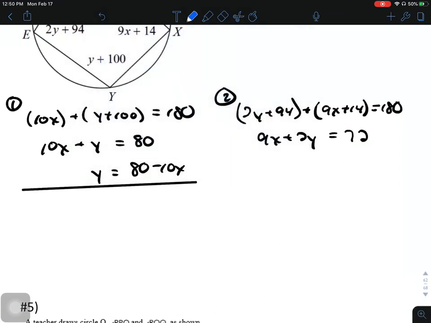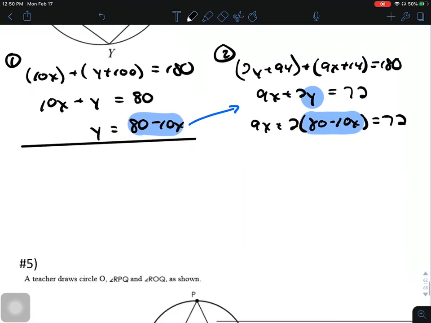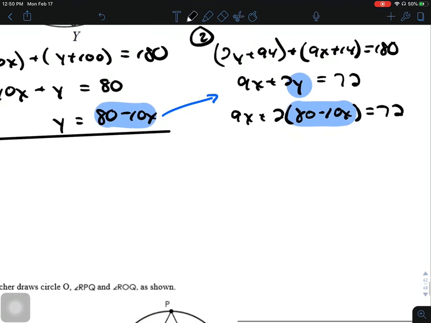I'm then going to plug this in to this equation here for y and get 9x plus 2, replacing the y with 80 minus 10x. Put this in for the y because they're equal. Now we have an equation in one variable.